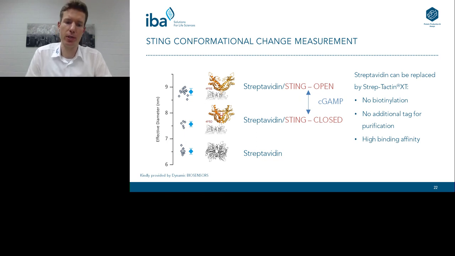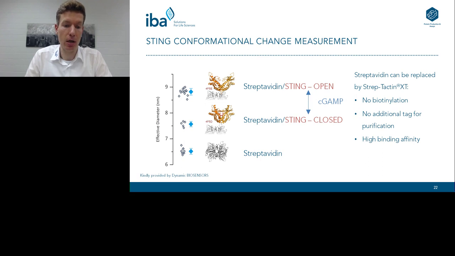Another thing you can do with the technology is shown in this slide. Here, Dynamic Biosensors uses streptavidin because this study was done before the Strep-Tactin XT chip was available, but the same study can be performed with Strep-Tactin XT chips. So you can see that once streptavidin was bound to the double-stranded DNA, the effective diameter has a specific value of about 6.5 nanometers.